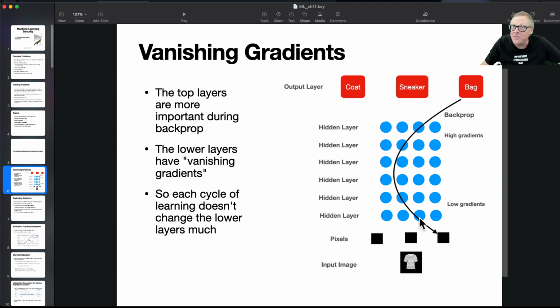They don't seem to matter. That's called the vanishing gradients. And that means you're not really training all the layers. You're only training the few layers that have significant gradients, and the others are just being left at some random values. So that's not good.